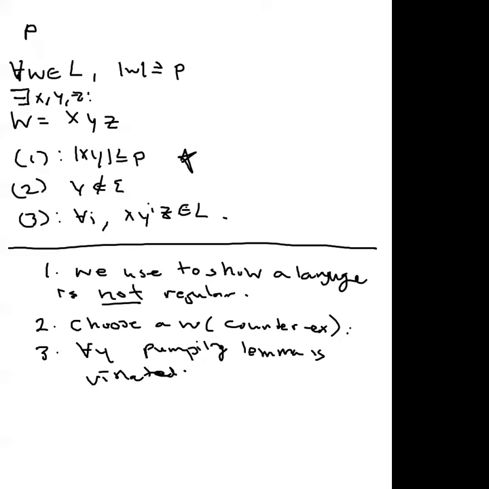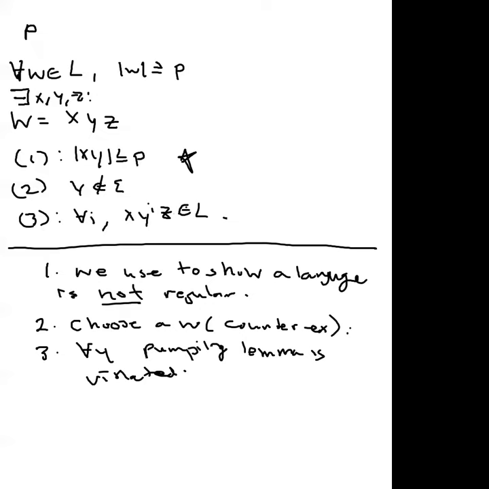So we need to show for all choices of Y that are valid, it is not possible to pump. And if you show that is true, namely the pumping length can't exist for any splits of a certain word W, then you've shown that the language is not regular. We recommend that you refer to the slides when trying to come up with a template, but we'll also go over it in number 12.